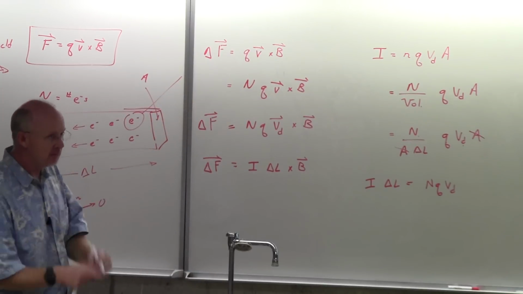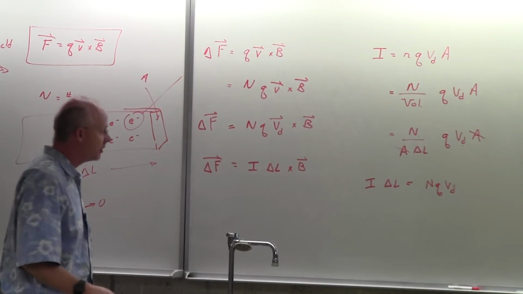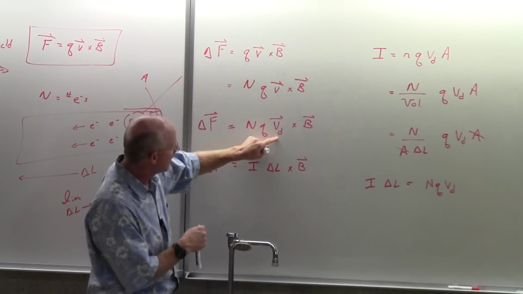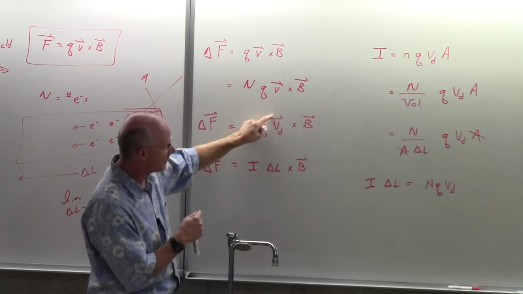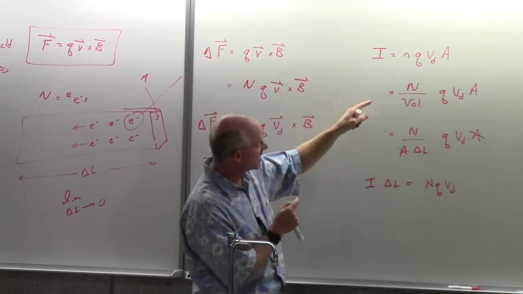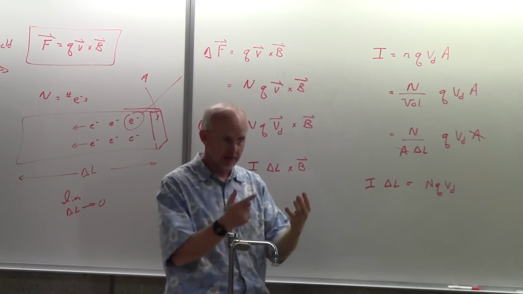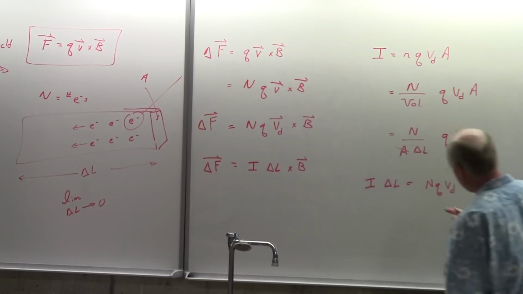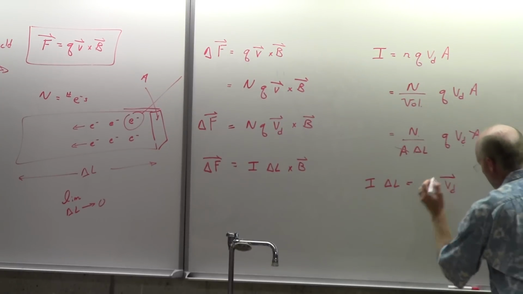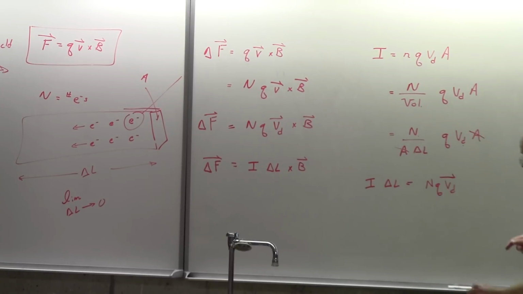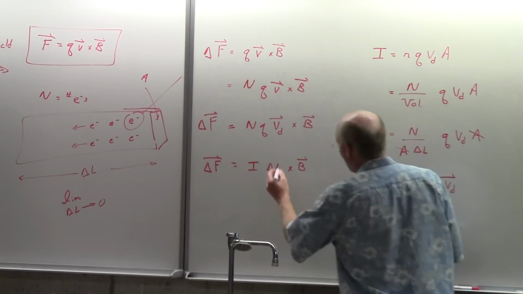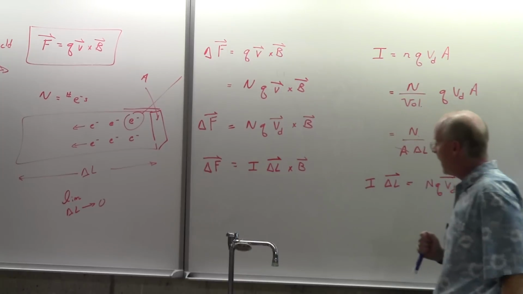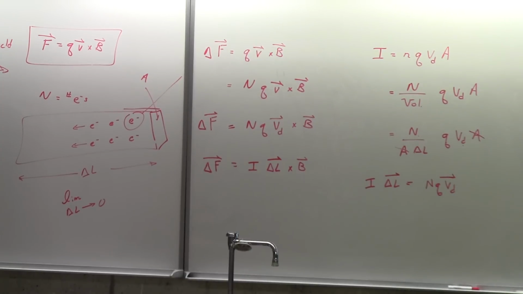Now, to make this more complete, I should pay attention to my vectors. This one has drift velocity with a vector. And over on this side, I've only been doing magnitude. But is it fair to say that the drift velocity would be in the direction of the wire? So magnitude, it works right. But I'm going to then comment that delta L will now be a vector.